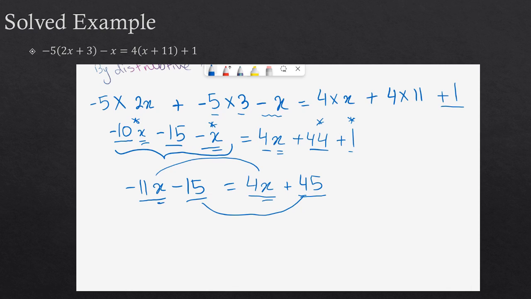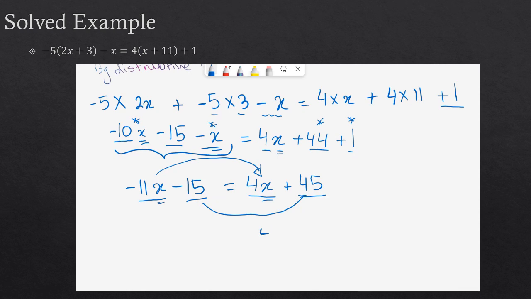Okay, what we will do is take minus 11x, which is the smallest term that includes x, and take it to the side that there is 4x, okay, with different sign. It is minus, so we will take it as positive 11, okay.